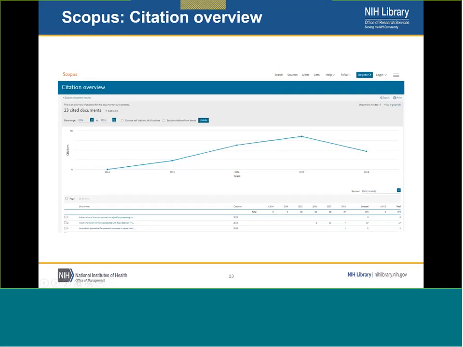For the citation overview, you're going to see something like this. You can see the citations of each of the articles and how many citations they receive, and if you click on the H graph, you will be able to see the H index.